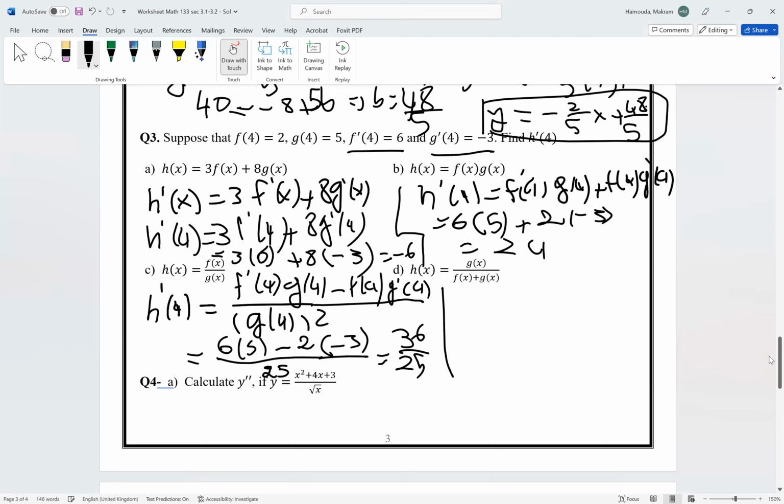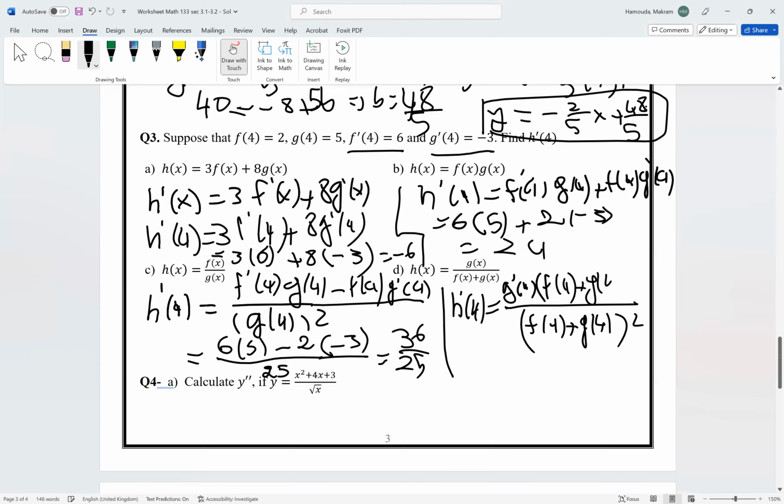So it's the same thing, h prime of 4. I'll apply directly in 4. So the denominator squared, f of 4 plus g of 4 squared. Okay, because this is the denominator anyway, you will square it. And now in the numerator, you will start with g prime of 4 times f of 4 plus g of 4.